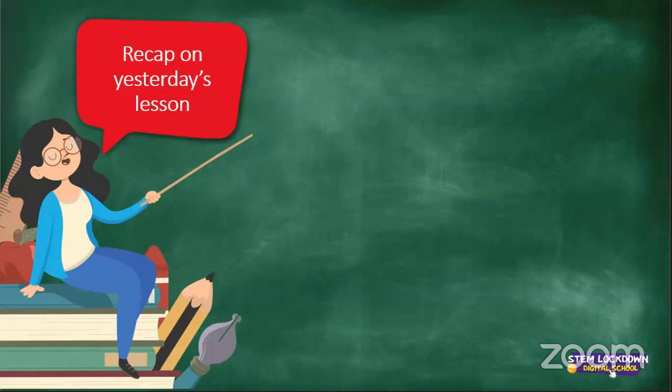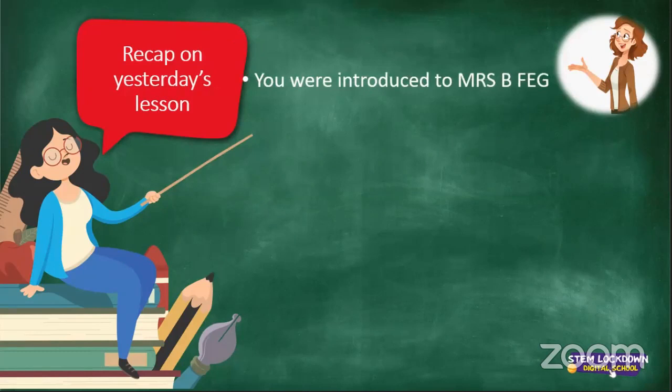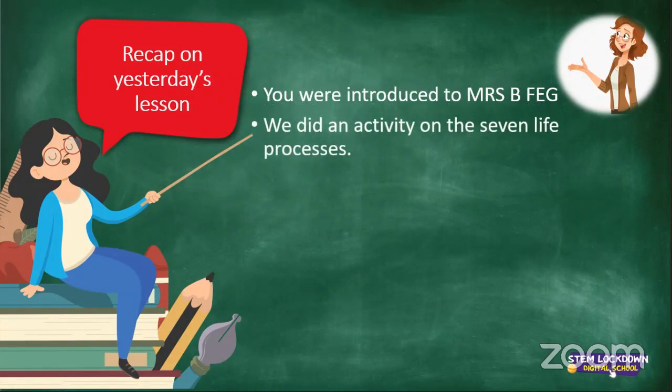Hey guys, I quickly want to recap what we did in yesterday's lesson. You still remember who this one is, right? You were introduced to Mrs. B. Fig. And just now I'm going to test to see if you remember what Mrs. B. Fig stands for. We did an activity on the 7 life processes.